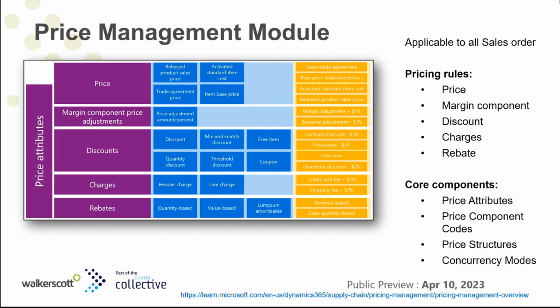Then we have the price component code, which serves as a container for grouping price attributes, forming the foundational element of the pricing structure. The pricing structure integrates logic for determining the base price, representing the price before any adjustments are applied. And the last one is the concurrency mode, which dictates the method by which the ultimate price is compounded when multiple price rules are linked to the same price component.